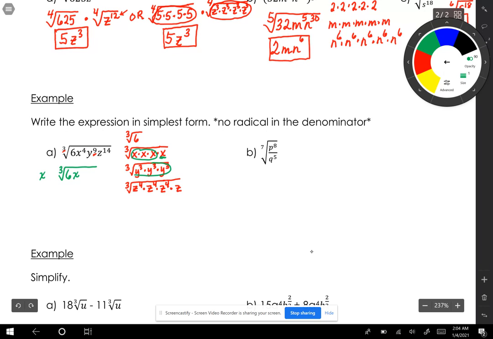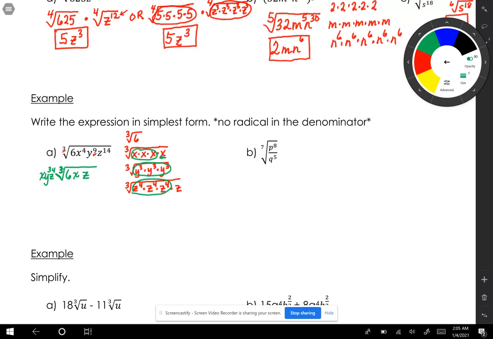Here you have all 3 the same, so it goes out. And finally, these 3 are the same. Make sure you put the index right in that little crease of your radical. And then we should have a z here. So basically the 2 remainders went inside along with the 6.